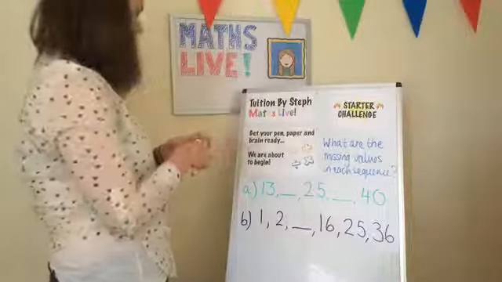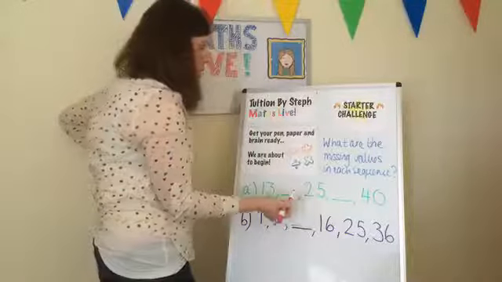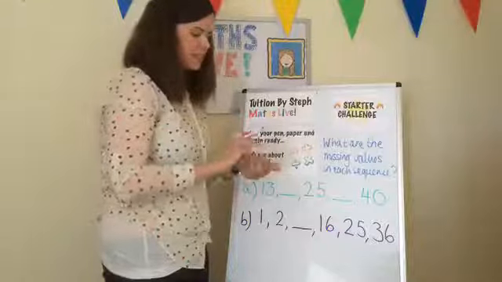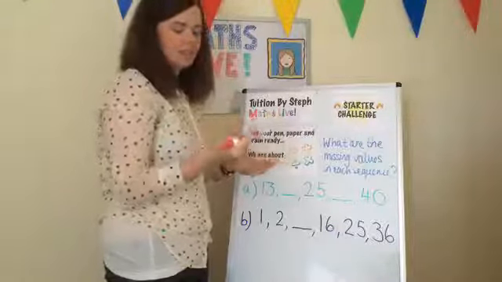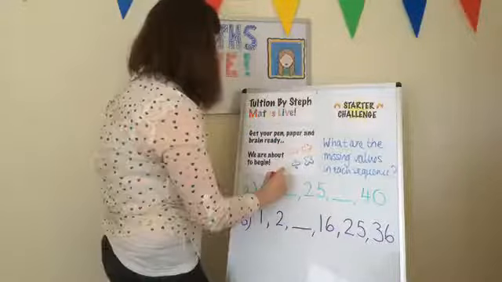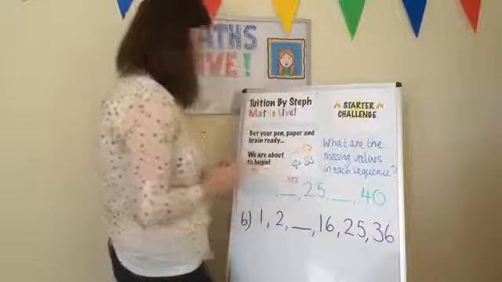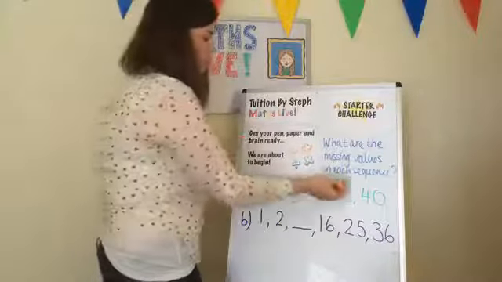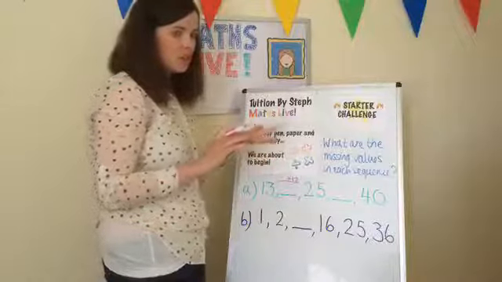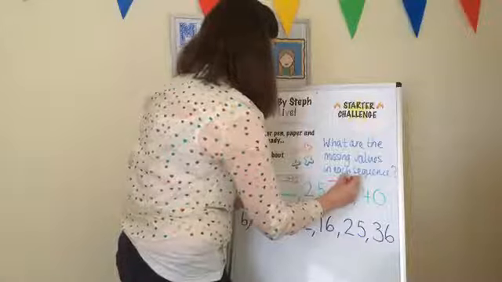Okay, so with this one, have a look at what the jumps are. You've got 13, so 14, 15, 16, 17, 18, 19, 20, 21, 22, 23, 24, 25. So to go from there, you've added 12. And then to go to 25, so 26, 27, 28, 29, 30, you've added 15.